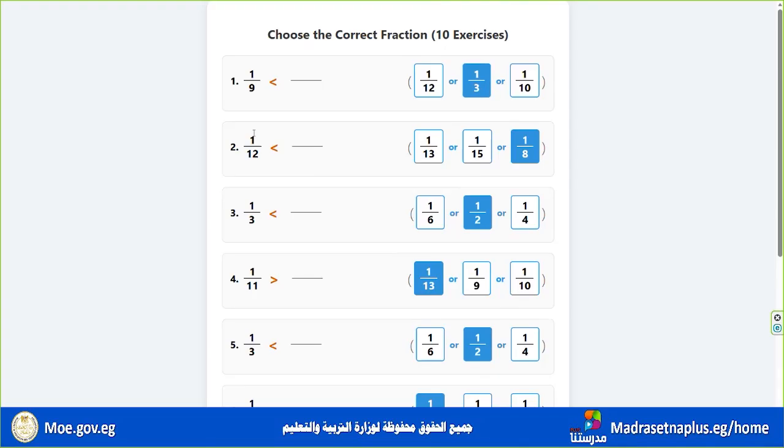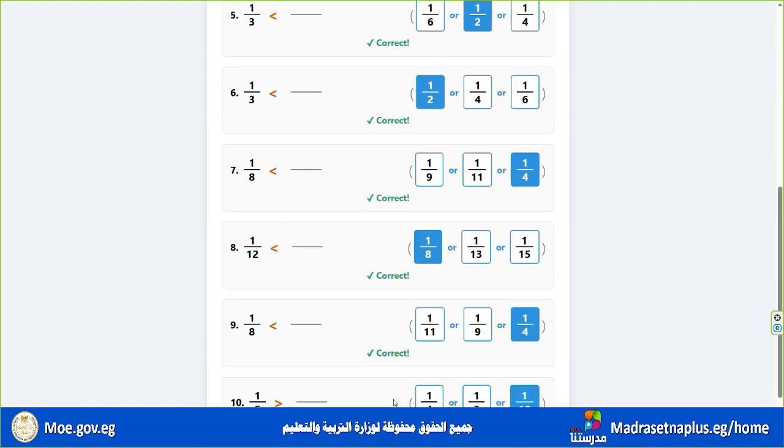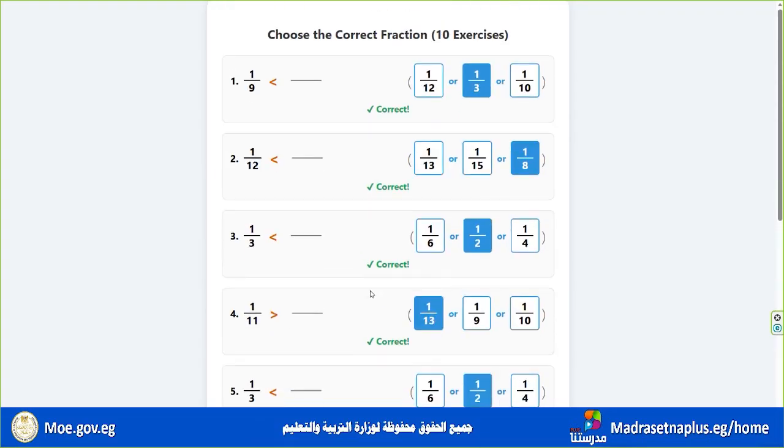1/12 is smaller than 1/9, and so on. Finally, you should know 1 whole is greater than 1/2, greater than 1/3, greater than 1/4, greater than 1/5, and so on. Check all answers.